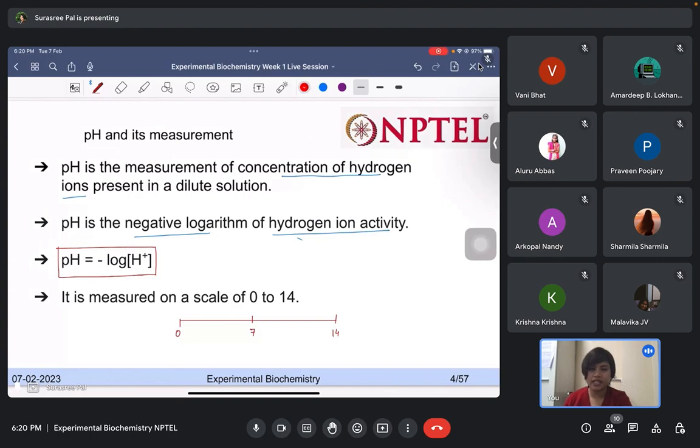This is an interactive session, so the more you interact, the better it will be for all of you. You are free to interact.